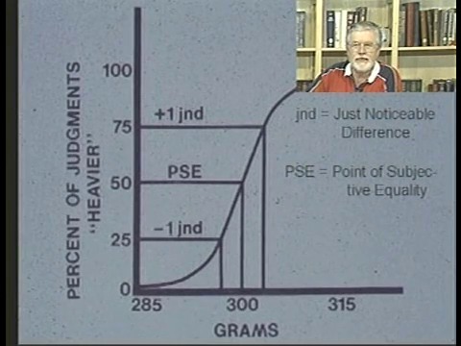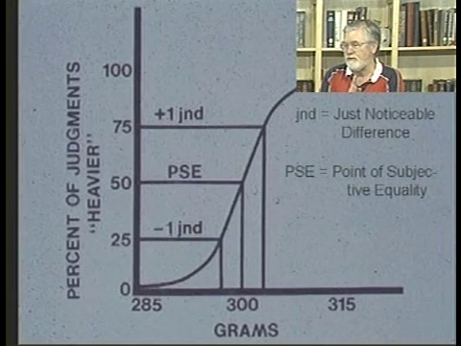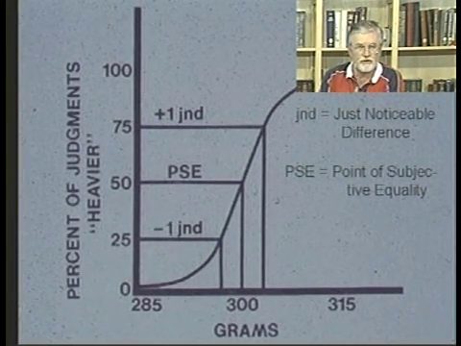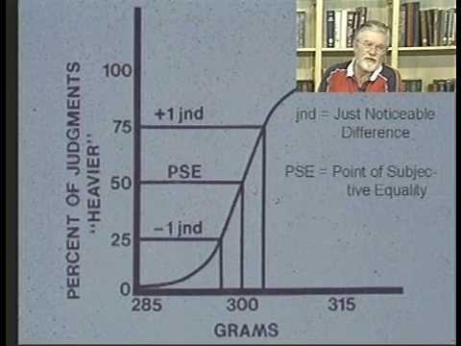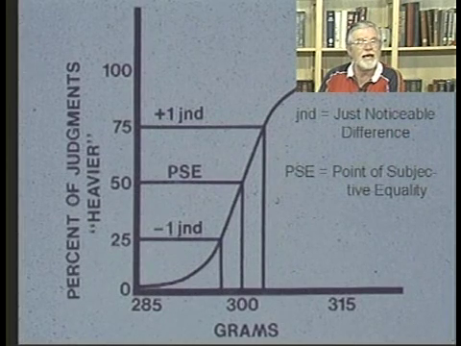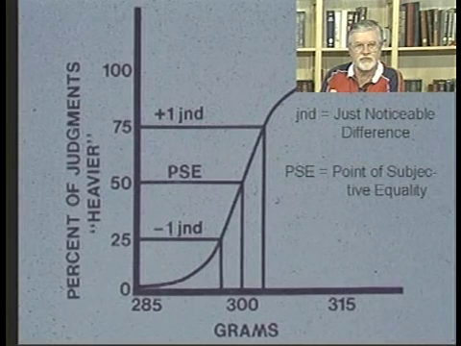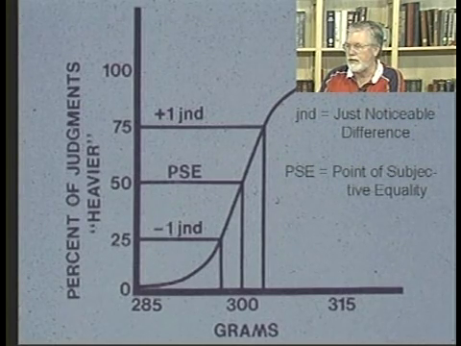A JND is a just noticeable difference. In other words, when we start at, say, for this subject, suppose they're a perfect subject, at 300 grams, that's the comparison weight that they always judge as half the time it feels heavier, half the time it feels lighter. When they get out to 75% accurate in calling some weight heavier, that distance along the x dimension defines what is called the positive JND.